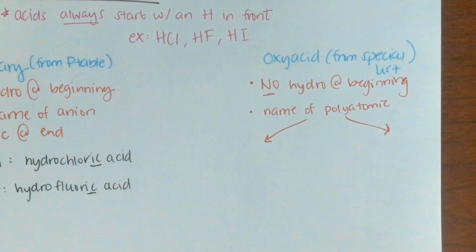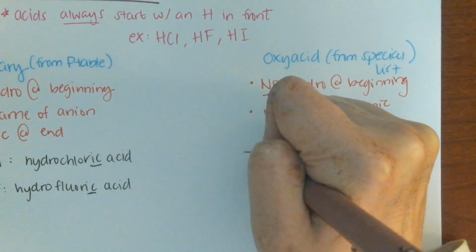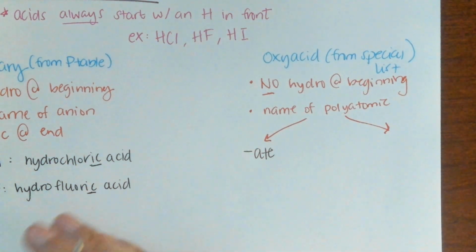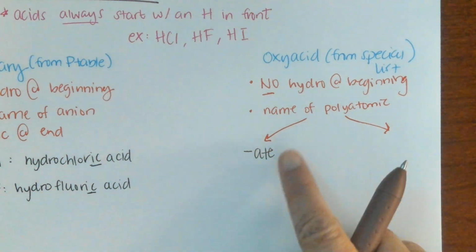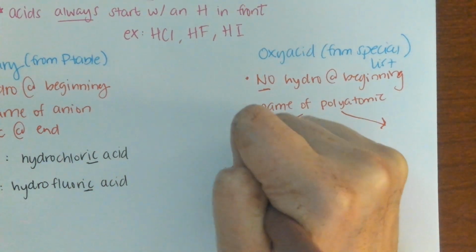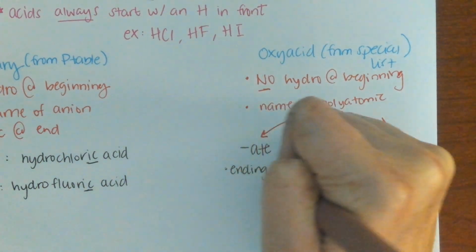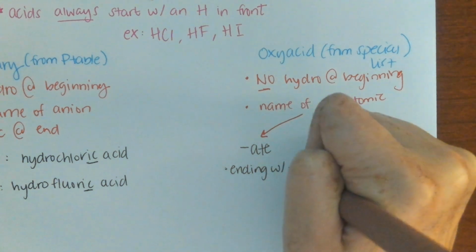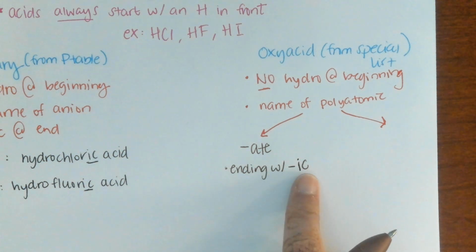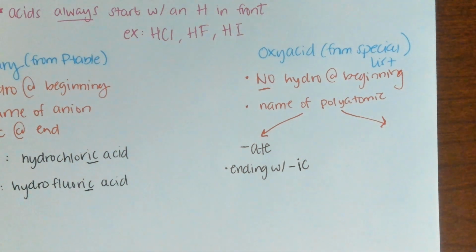So if your polyatomic ends with ate, so nitrate, phosphate, sulfate, chlorate, carbonate, so all these endings, ate, the ending changes to ic, just like this, ending with ic. And a good phrase to remember this by is this.